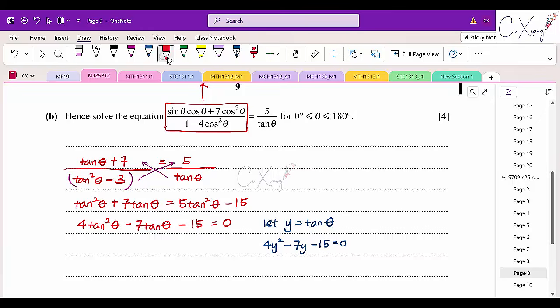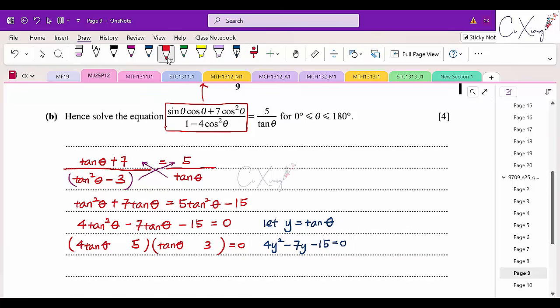Okay, so you can continue to solve the quadratic equation. How can you solve the quadratic equation? You can factorize them if you want. If you don't want, then you can just use the quadratic formula to solve it. Alright, then for me, I prefer to factorize it, easier. To factorize it, I will have 4 tangent theta, then this side is the tangent theta. Then I want to have 3 and 5.